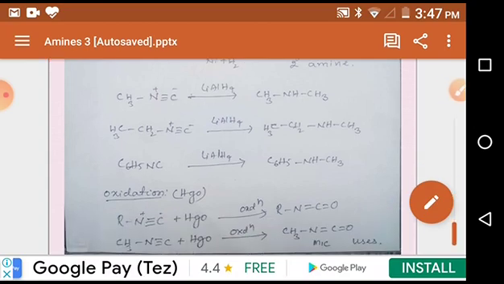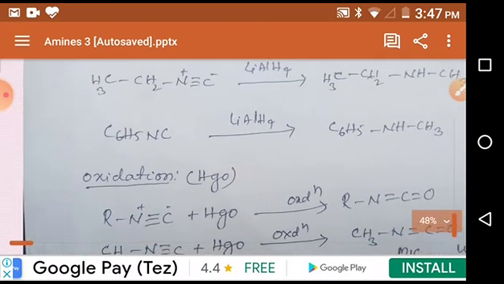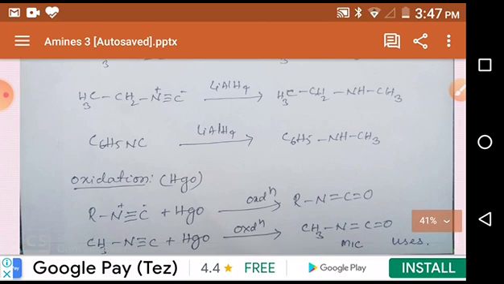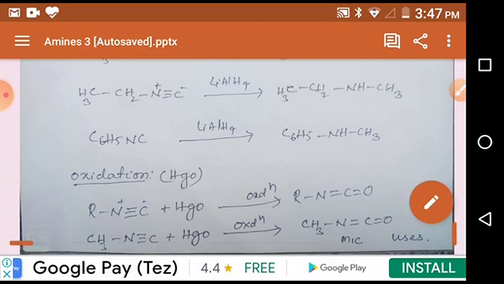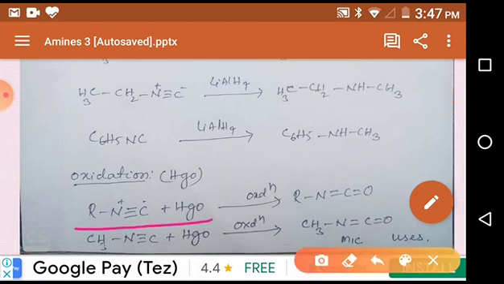Coming to oxidation reaction. We discussed the oxidation reaction of cyanides. Cyanides on reaction with mercuric oxide give cyanate. In a similar way, isocyanides also oxidize with nitric oxide, giving isocyanate. This is a very important compound.